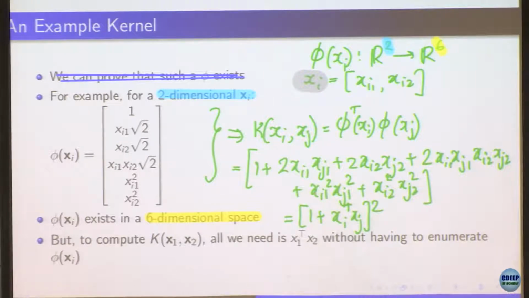Okay, so anyone wants this to be elaborated upon? What have you observed here? This xi transpose xj in general is nothing but xi1 xj1 plus xi2 xj2, right?